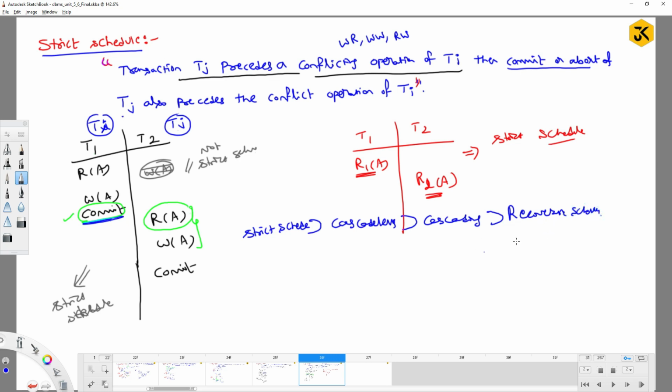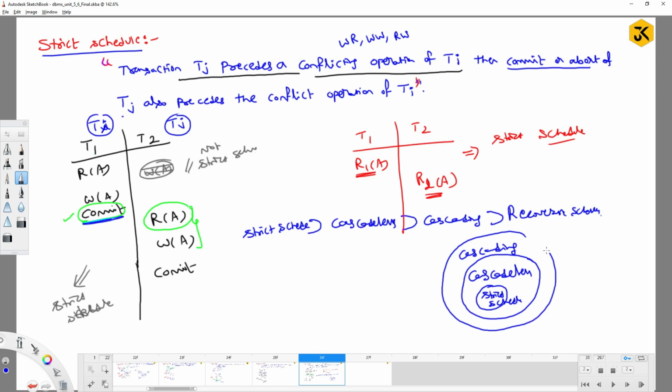If I define the relation between all these, every strict schedule will be a cascadeless schedule, am I right? Every cascadeless schedule is going to be a recoverable schedule. All of them come under one round circle called recoverable schedules, and irrecoverable schedules are separate from the recoverable schedules. This is something like a Venn diagram for the relationship between various kinds of schedules.